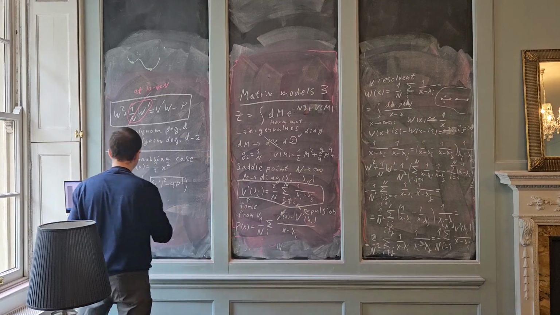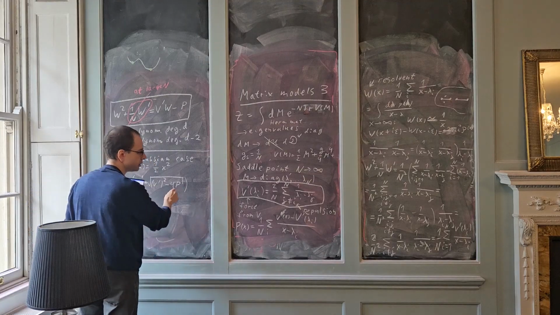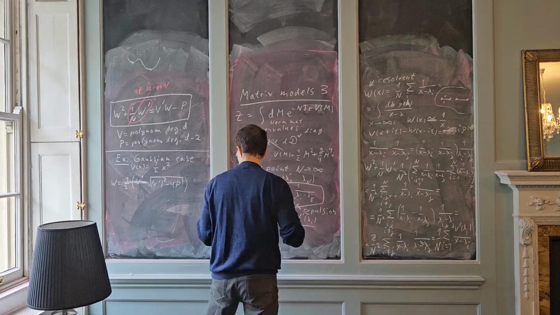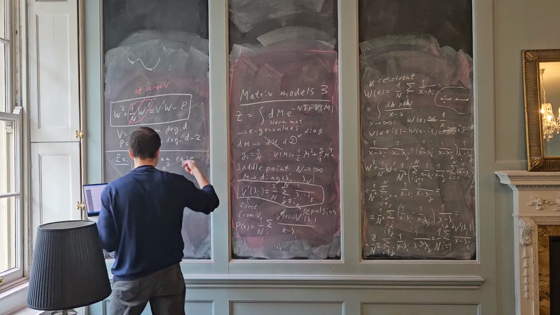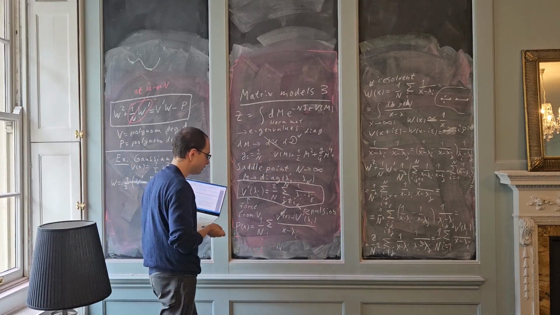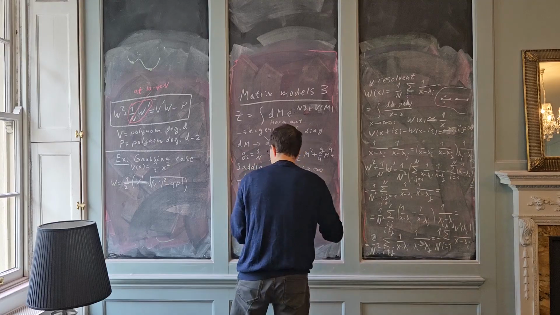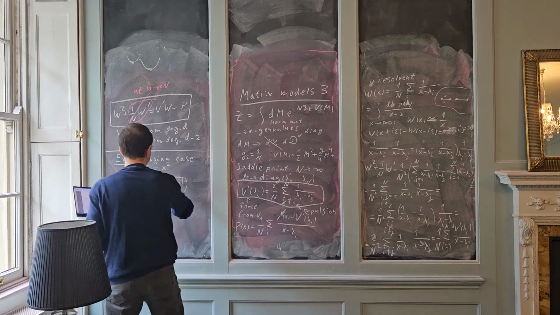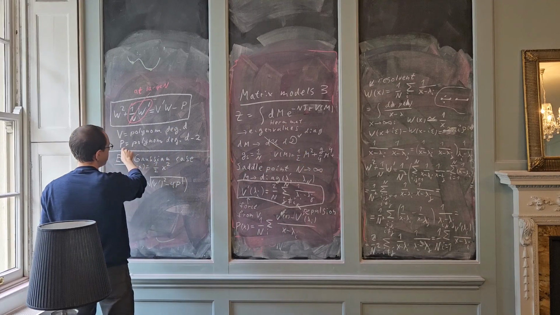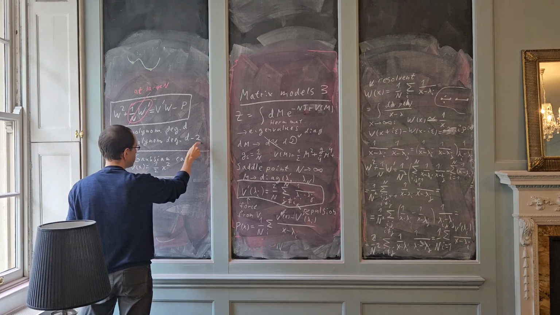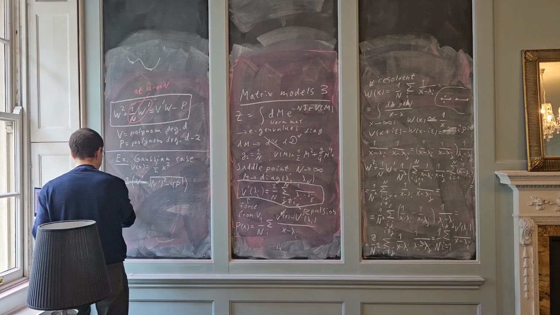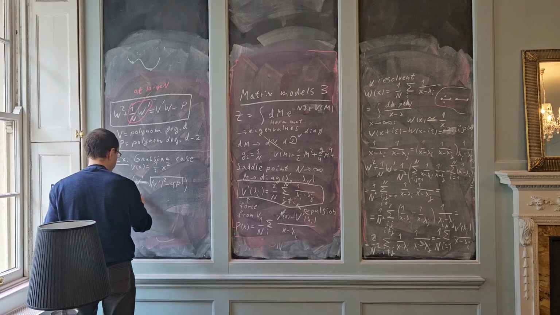But of course, it's not actually the answer because we don't know what P is. P has to be determined separately in each case. For this case, we discussed that P is a polynomial of degree D minus 2. In this case, D equals 2, which means that P is a constant.